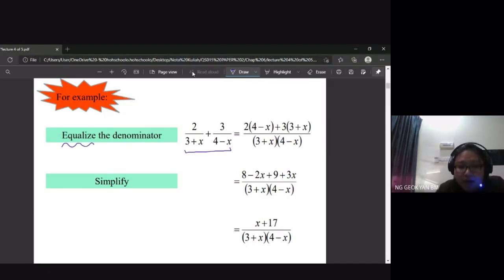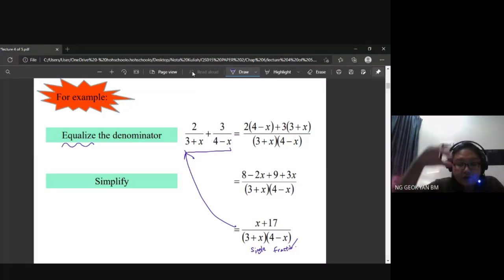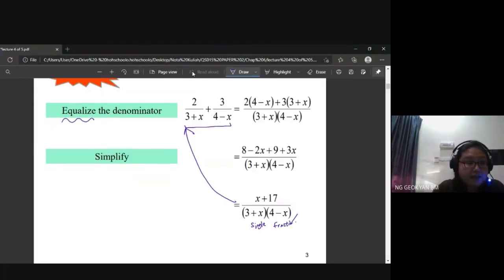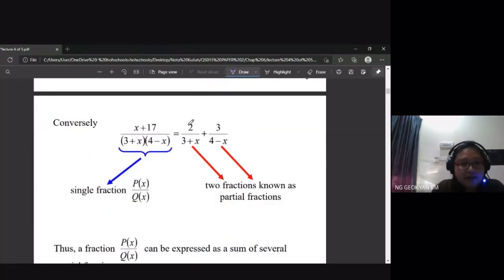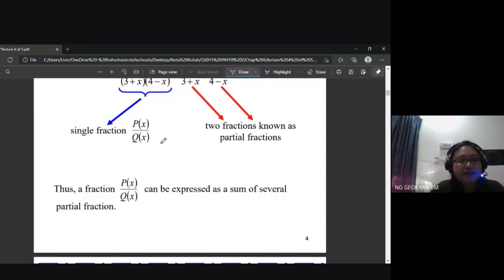And then you simplify it, you get a single fraction in terms of x. So sekarang kerja kita nak convert single fraction jadi partial fraction. Okay, anda dapat. Tapi takkanlah you nak pergi try and error. That's why kita kena belajar secara umum.